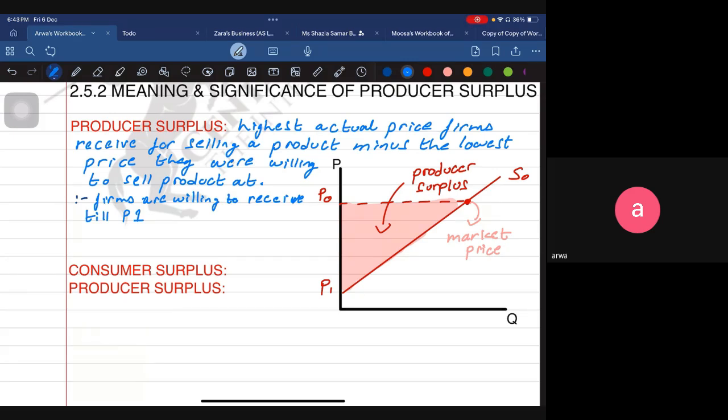Okay, so firms are willing to receive till P1.